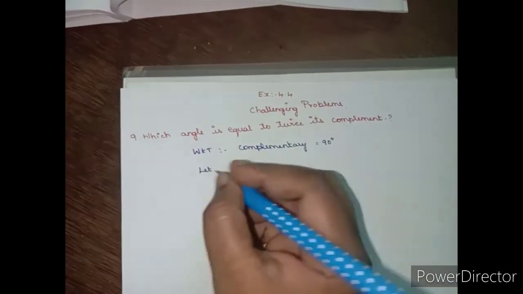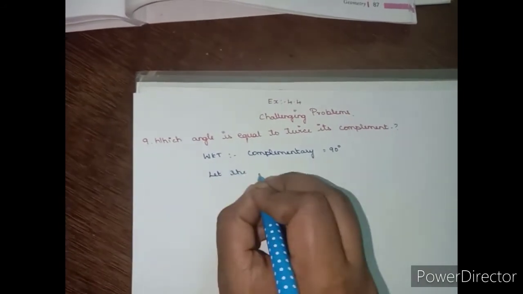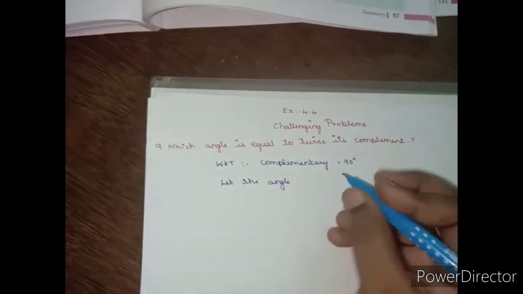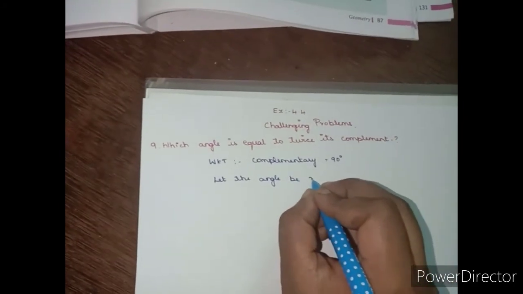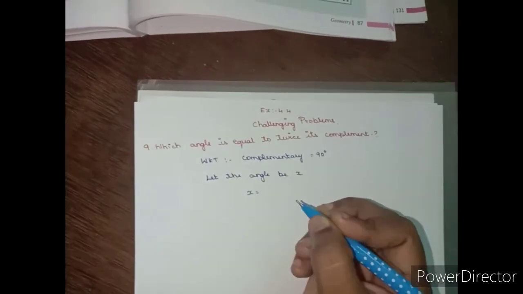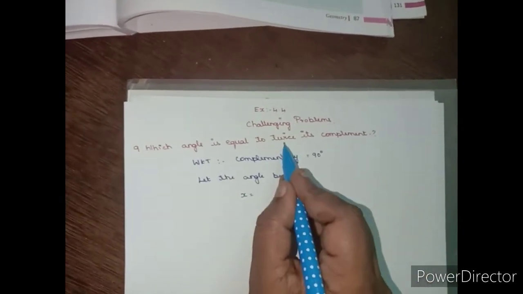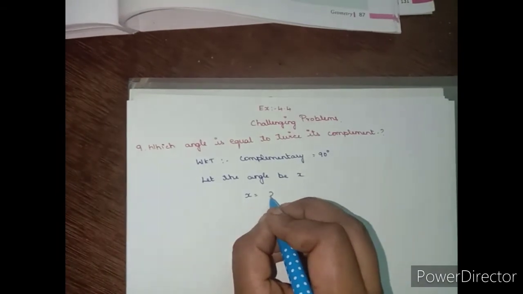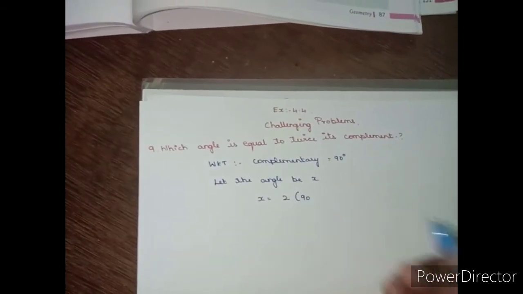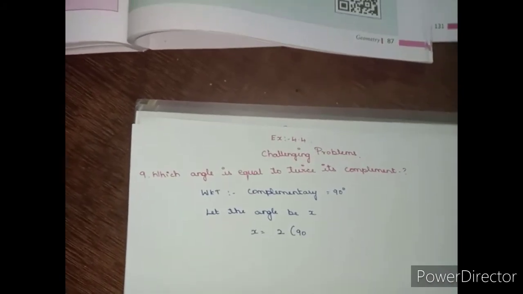Let the angle to be found be x. So x is equal to twice of its complement, 2 times of 90.